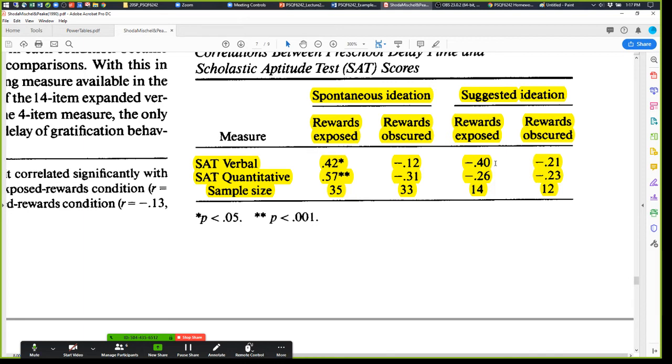How can you have a correlation of 0.42 be significant, but a correlation of minus 0.4 not be significant? It's not the minus sign, because a negative correlation and a positive correlation are the same in terms of the number here. It's just a different pattern of relationship. How can this be?